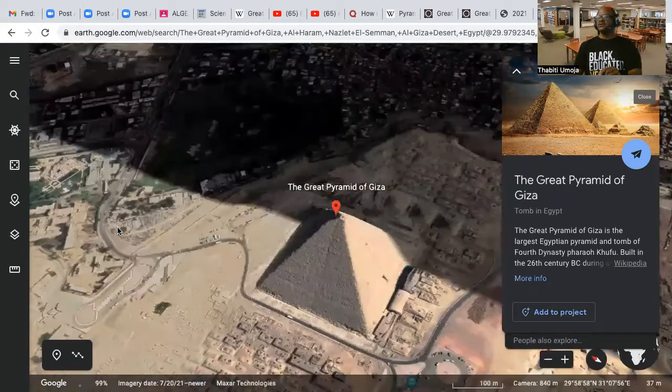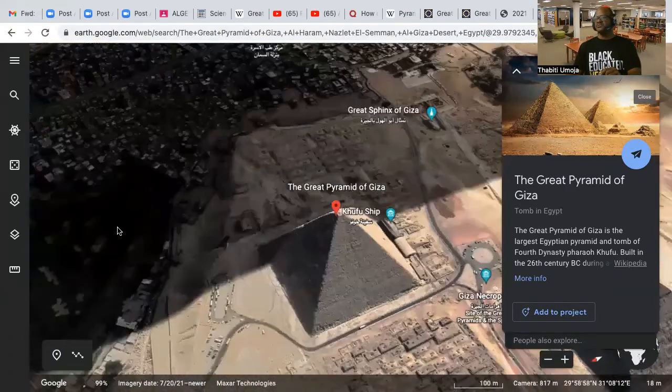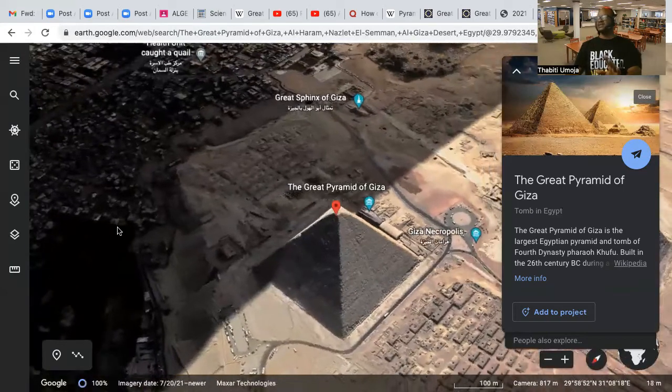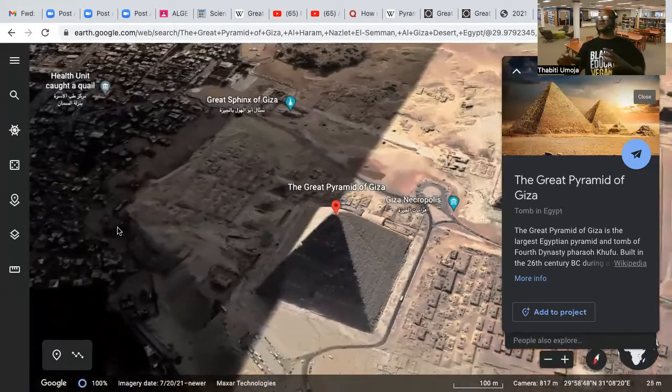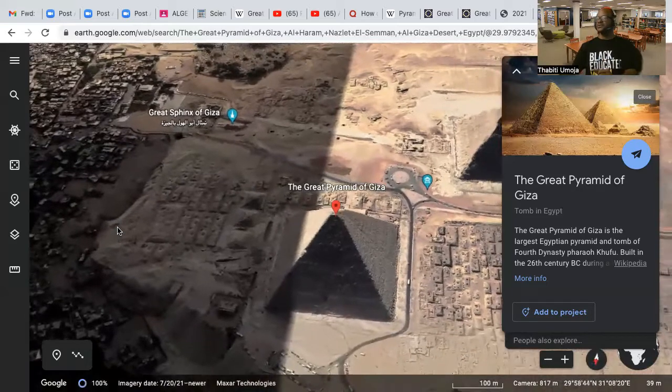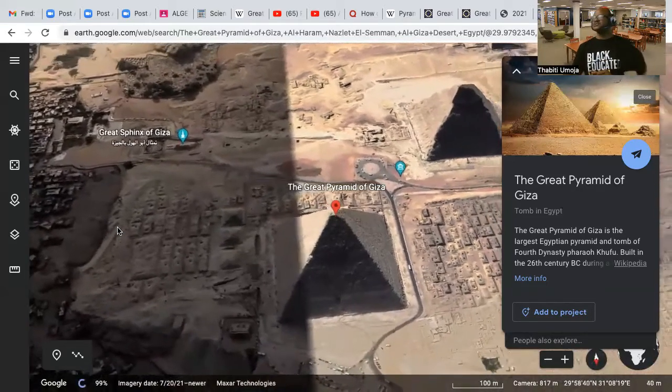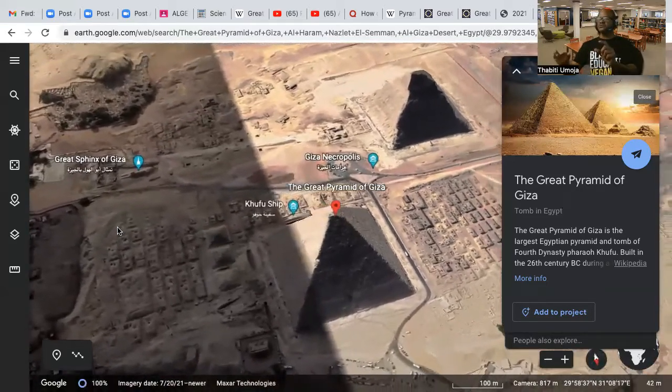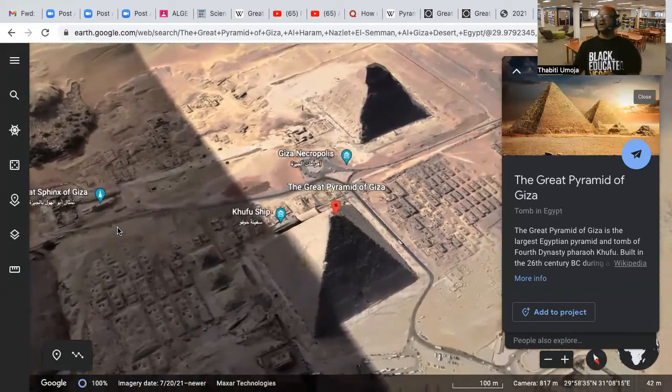What's so exciting about the Great Pyramid of Giza is that it's right dead in the center of the landmass of the earth. That was not by coincidence. And you see the corners of the lateral of the pyramid.